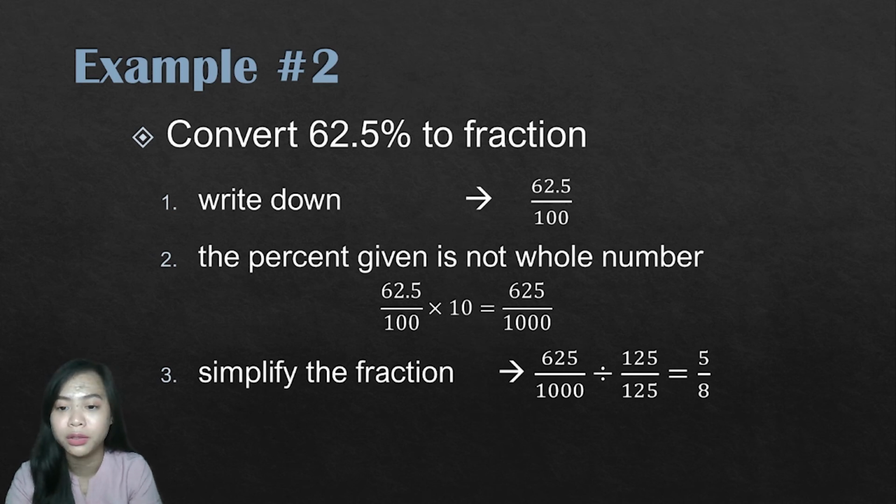The GCF, rather. And the answer will be 5 over 8, because 625 divided by 125 is equal to 5, and then 1000 divided by 125 is equal to 8. So that's it for our lesson for today.